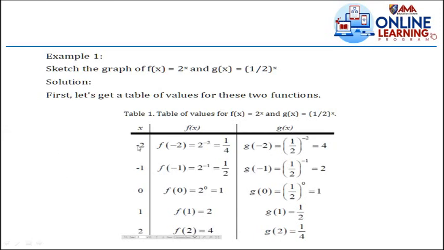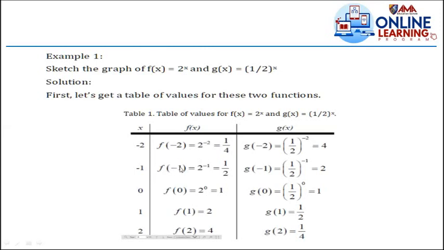If x is equal to negative 2, 2 raised to negative 2 is equal to 1 all over 4, because 1 all over x is the same as x raised to negative 1. If you express this using exponents, it becomes 1 all over 2 raised to 2, which is 4.